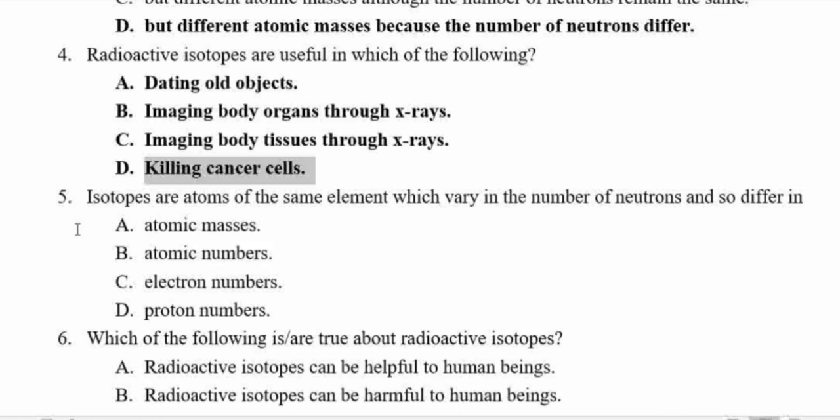Okay, the A is saying that they vary in atomic masses, the B atomic numbers, C electron numbers, and then D proton numbers. Okay, but we know that isotopes have the same atomic number, they have the same proton number.